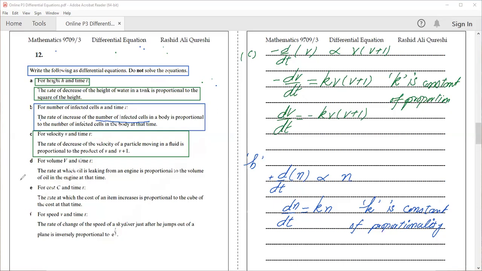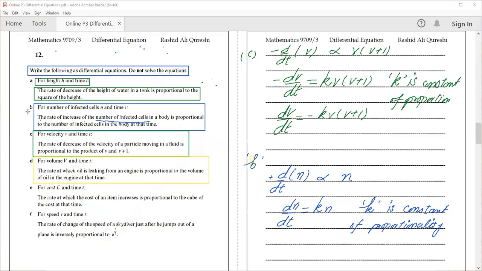Now I have the E part. Sorry, D part. The D part will be just like this. And now I will solve by the direct method. The rate at which the oil is decreasing. Oil is not decreasing, the word is leaking. So leak means decrease.